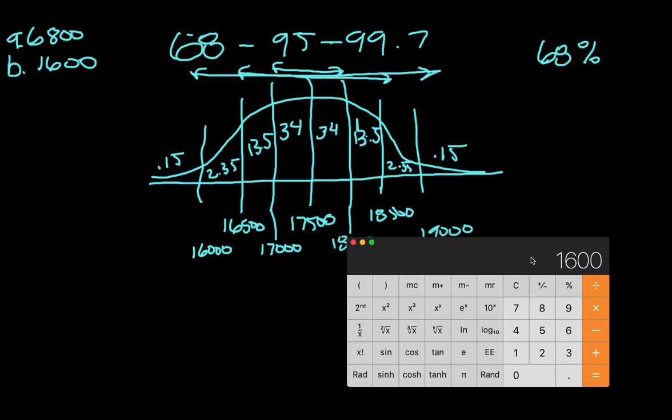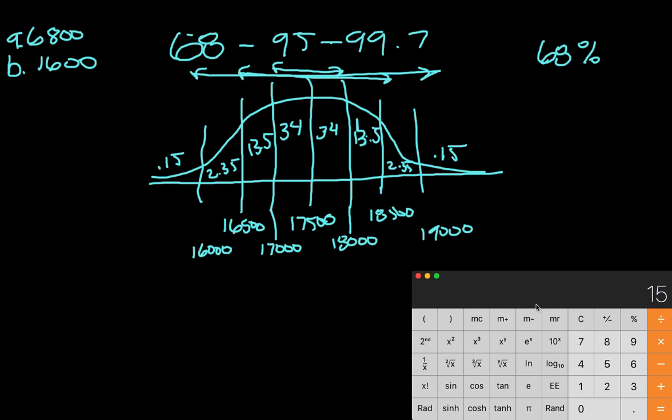Sorry, it's 0.15%, so it'd be 0.0015 times 10,000. That's 15 people.